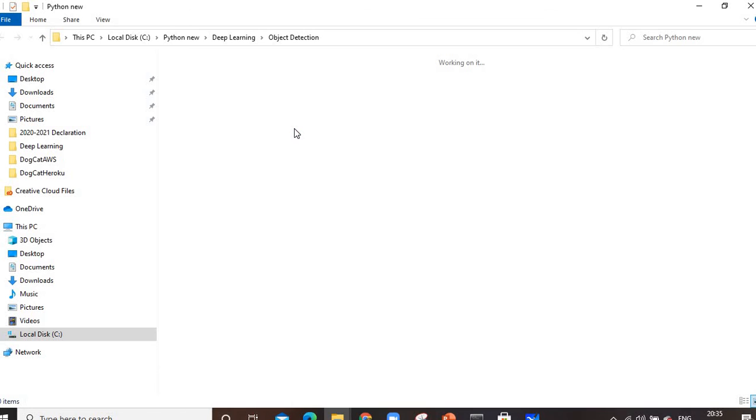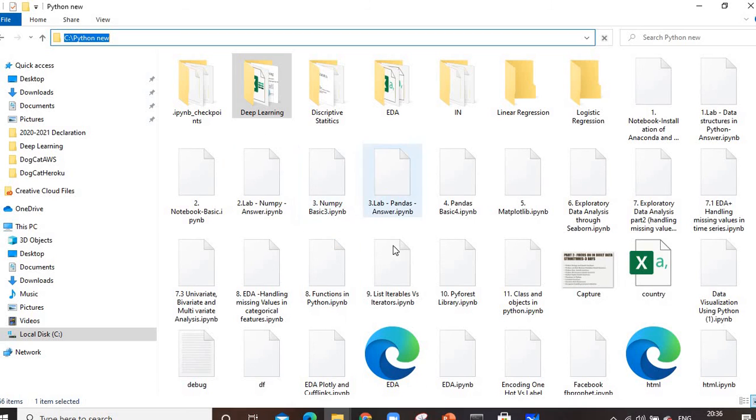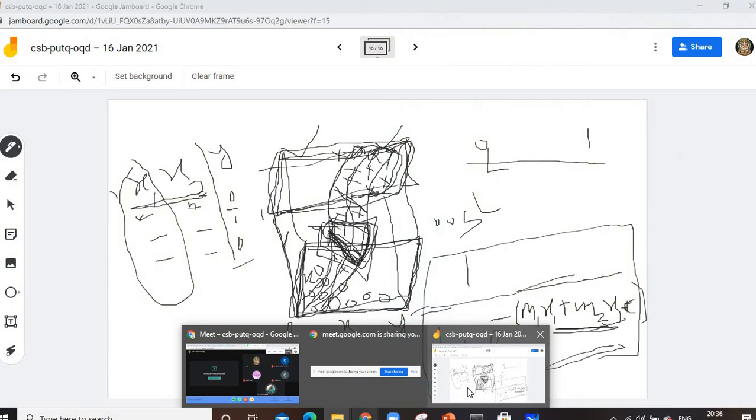There are so many things we'll study in future. You have to be patient, and slowly and steadily we'll learn deep learning, everything, how to detect the objects in an image. For example, in an image I'm having different objects.